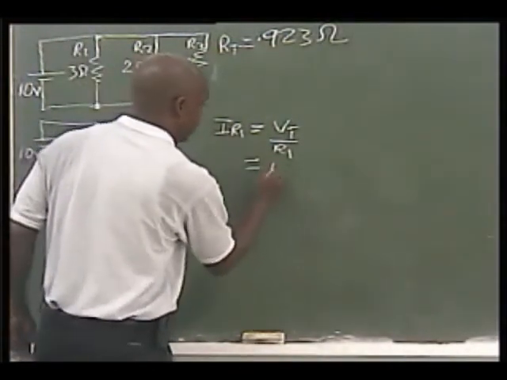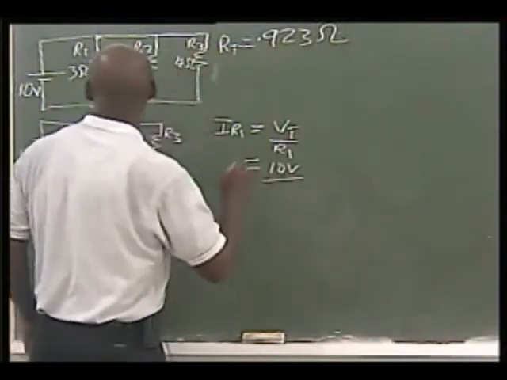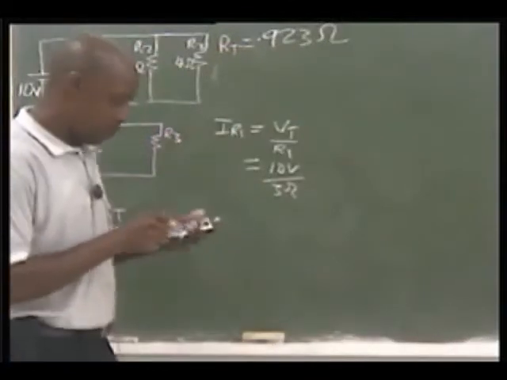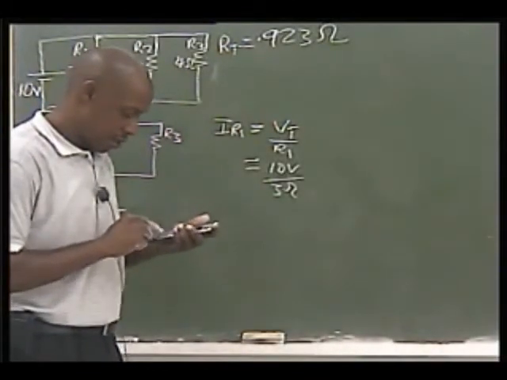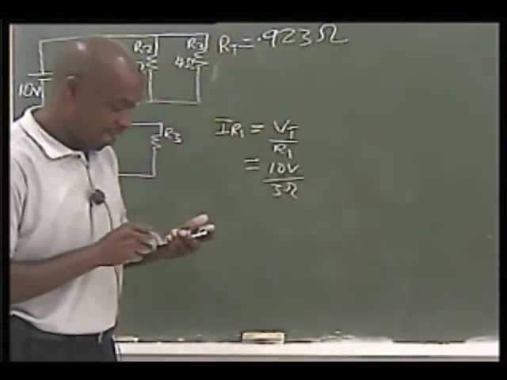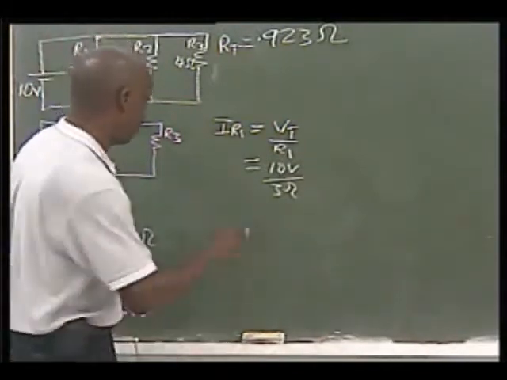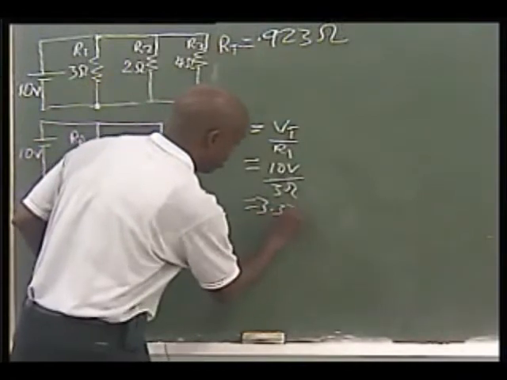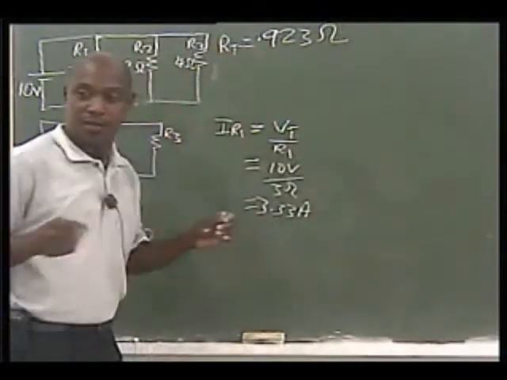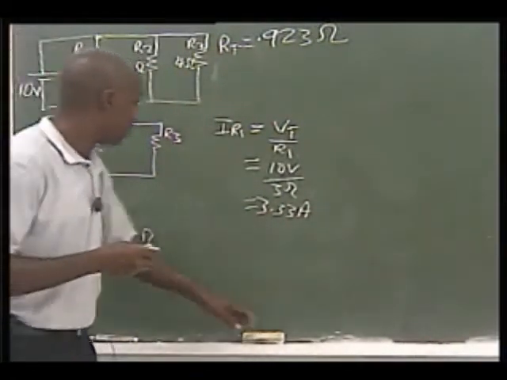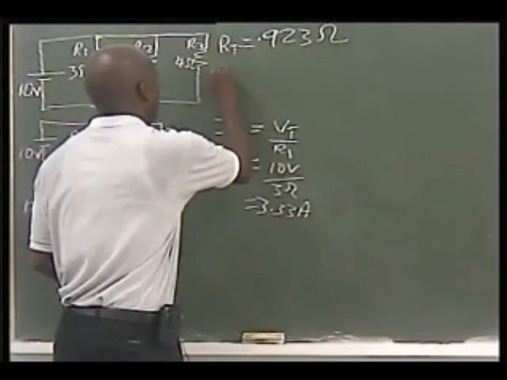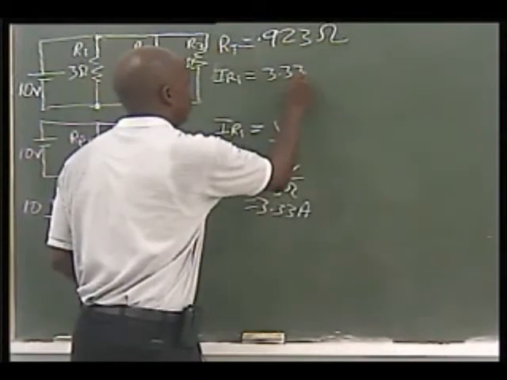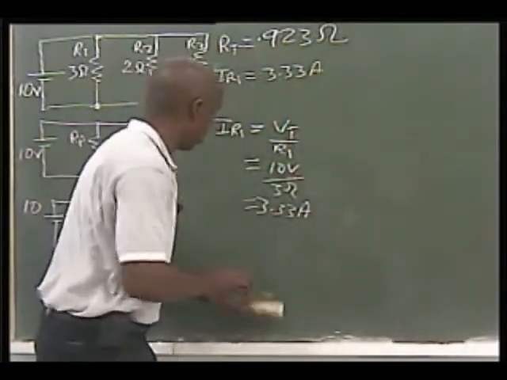And that's going to be equal to 10 volts over 3 ohms. And if you quickly put this into your calculators, we get an answer of 3.33. So IR1 is 3.33 amps. Okay? So we're going to put IR1 is equal to 3.33 amps.